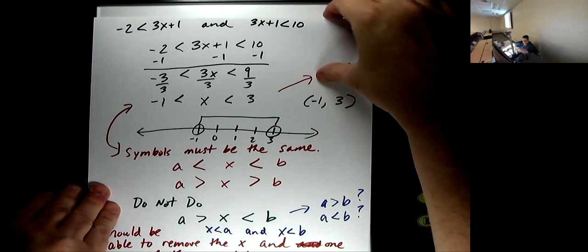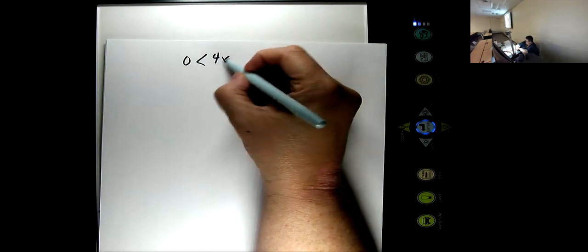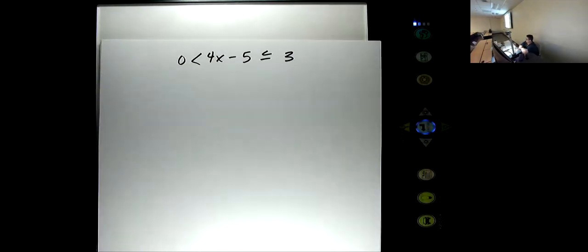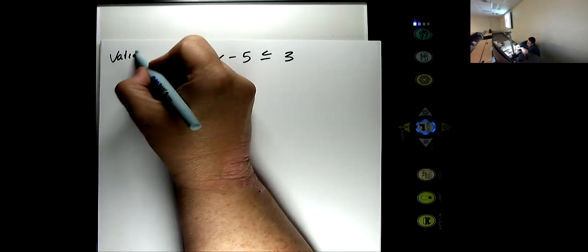And let's see. We only got 2 minutes. We won't go through it, but I do want to point out something. All of the inequalities we did had the same symbol, but as long as the inequality portion is the same, we can have an equal sign on one of them and not the other. This is valid because the inequality is the same.